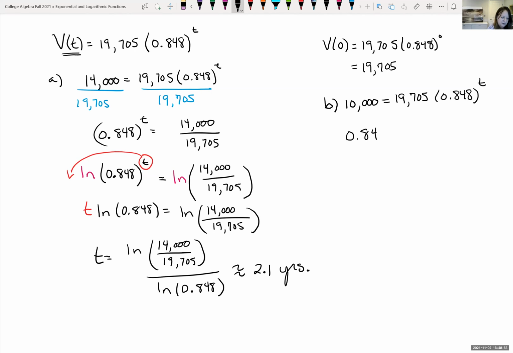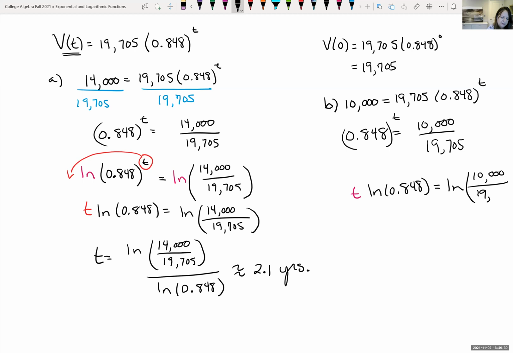We can divide both sides by that 19,705. We can take the natural log of both sides of the equation, so we can bring the t down in front. So you have t times the natural log of 0.848 equals the natural log of 10,000 divided by 19,705.